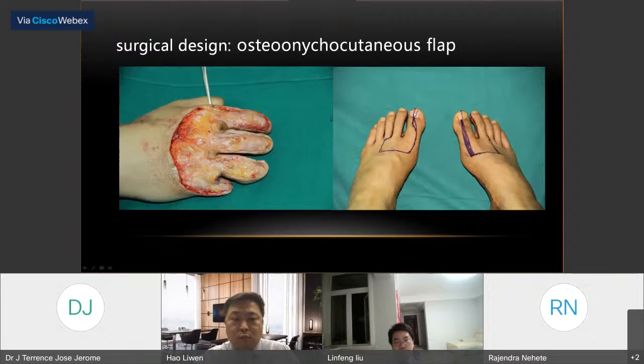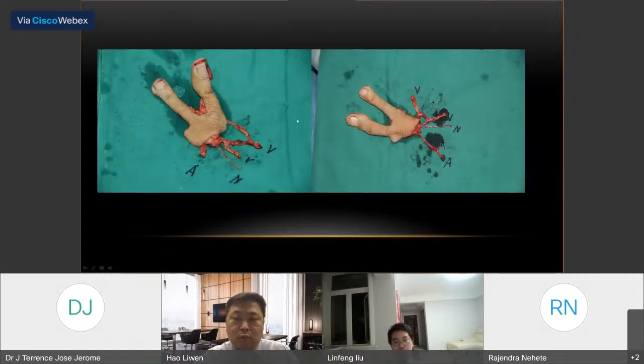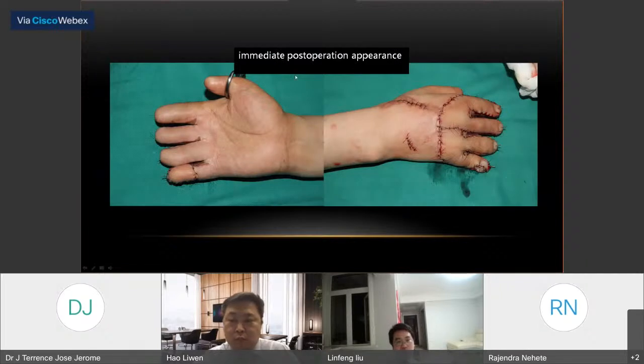We design the big toe and second toe flaps. These two flaps, we have got the immediate post-operative appearance.